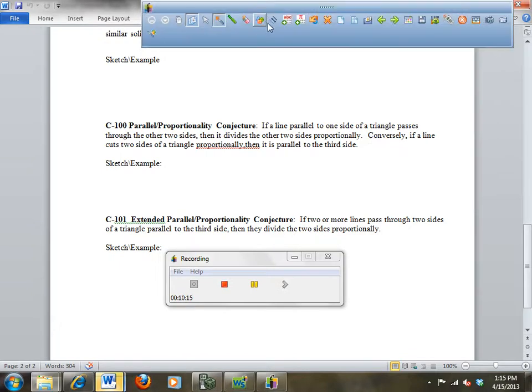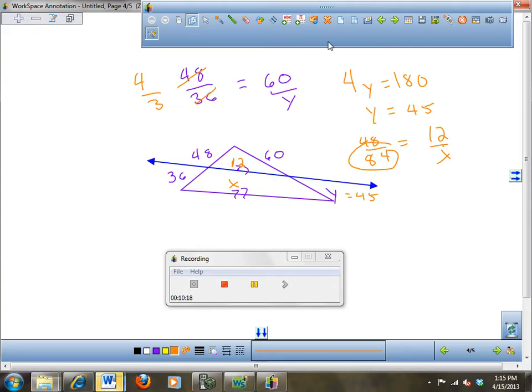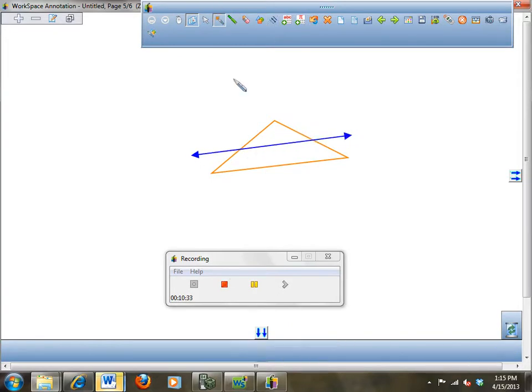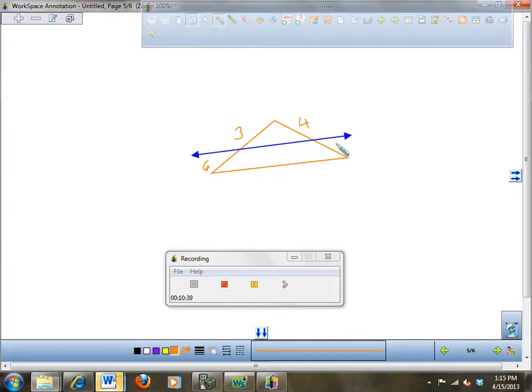In other words, going backwards, if I see a picture that looks like this, and they say 3, 6, 4, 8, even though it doesn't look like 8.